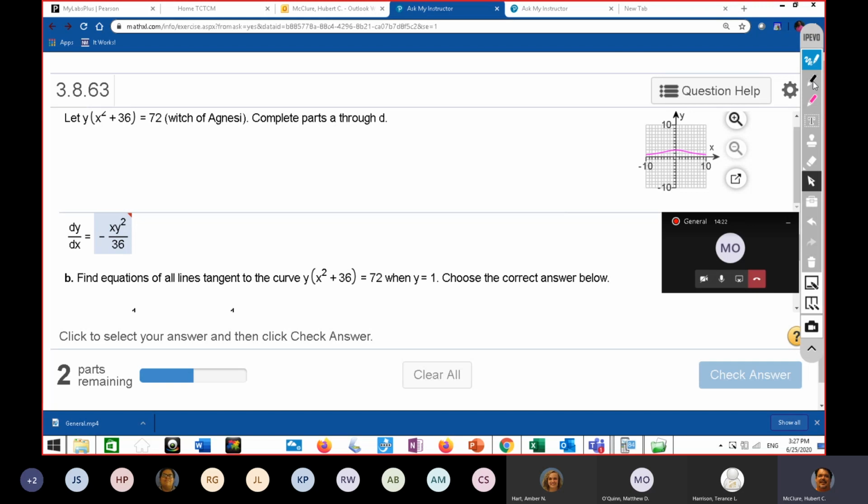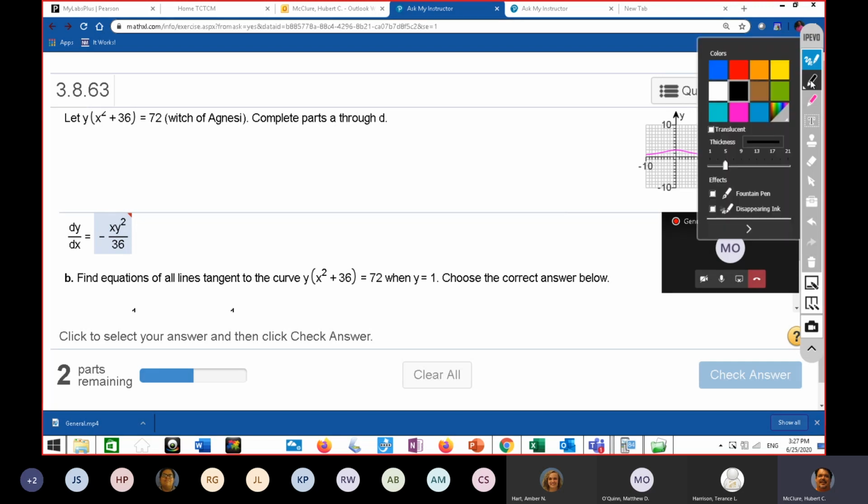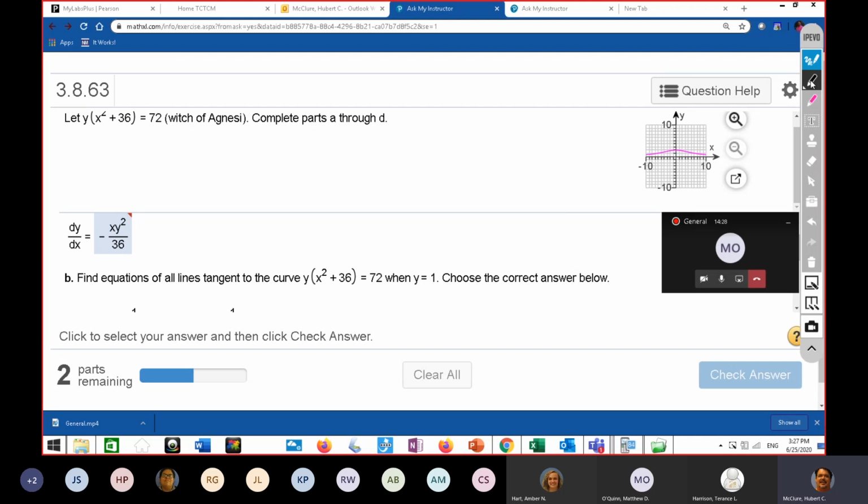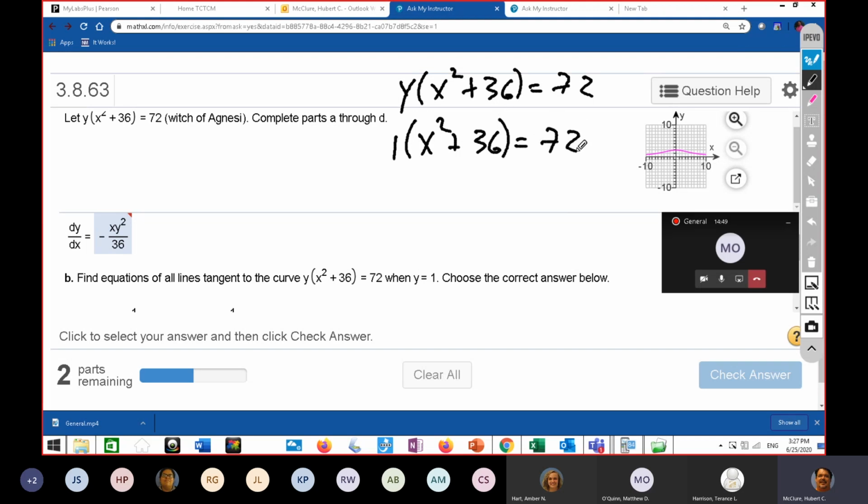If you're going to find your x, plug in y to the original equation. So y times (x squared plus 36) is equal to 72. 1 times (x squared plus 36) is equal to 72.